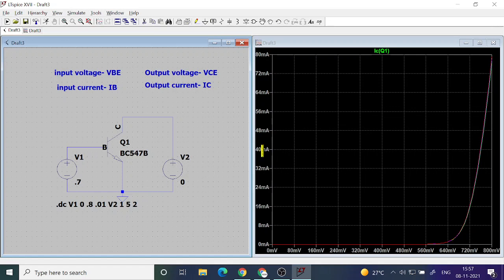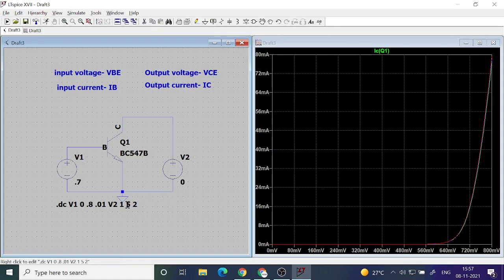And there is hardly much variation when you change the output voltage. That I told you, because I am starting from 1. When you start the output voltage from 1, then change it by 2 volt, and again by 2 volt, you get 3 curves which are almost close to each other.